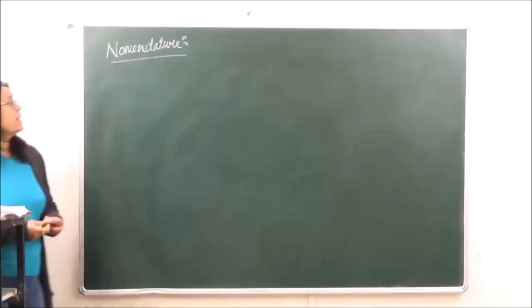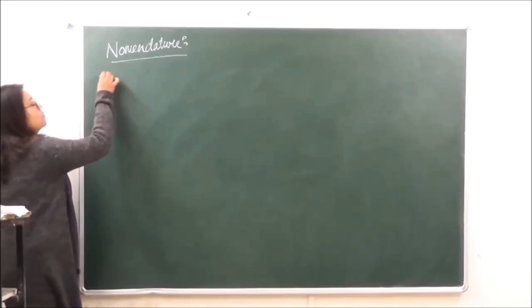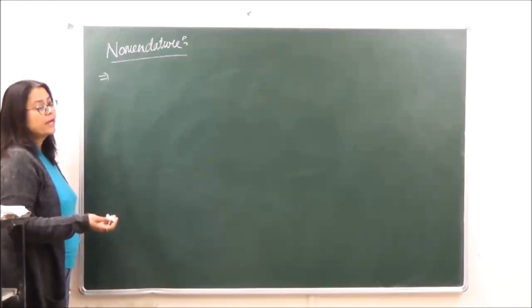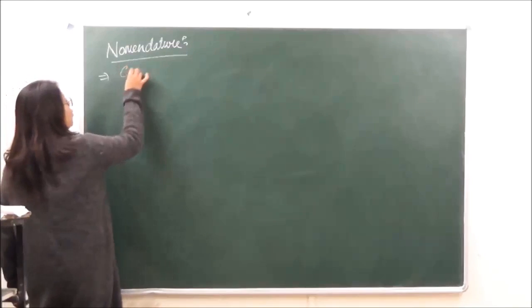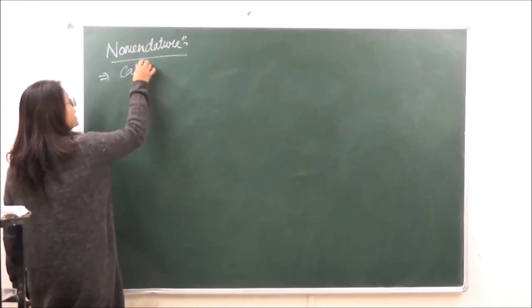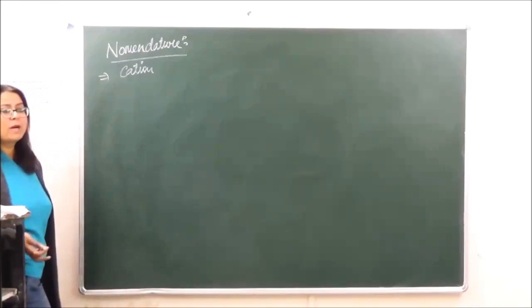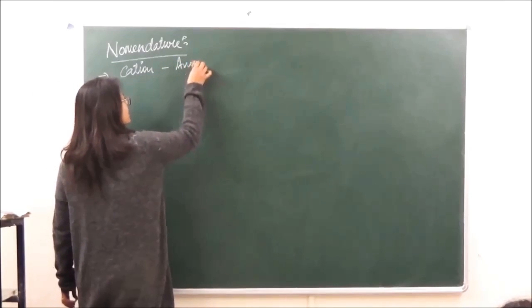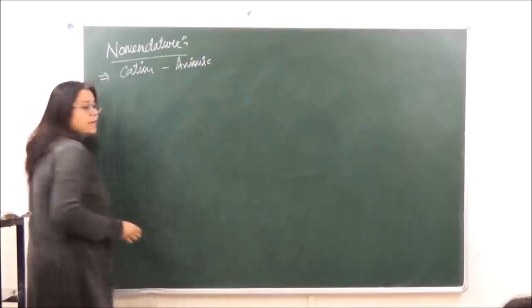When we're naming any coordinate compound, we name in a similar manner as we name any simple inorganic compound, which means that always the name of the cationic species is going to come first, and the name of the anionic species is going to come later.